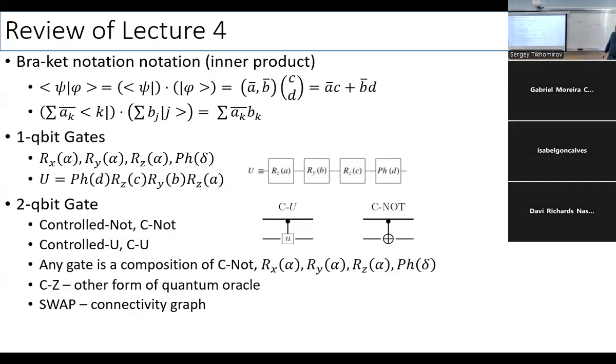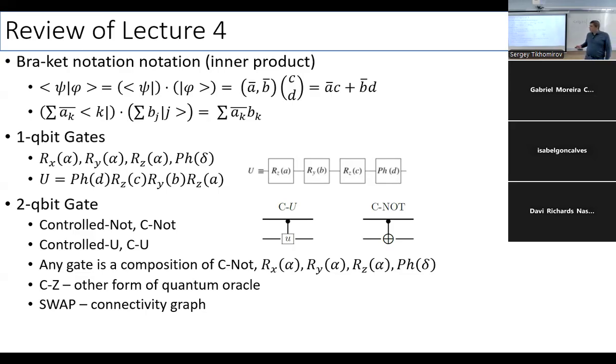Here I also showed some formulas. For example, assuming that U is presented in such a form, I showed explicitly how to present controlled U via controlled NOT and such rotations.